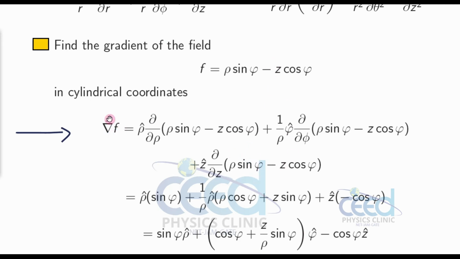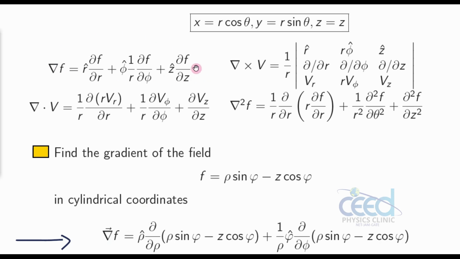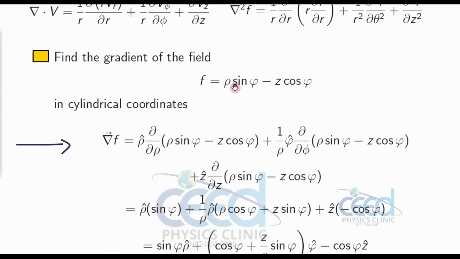So plug into the del f, the gradient in cylindrical coordinates equation. I have substituted the cylindrical coordinate equation; instead of r they have used the notation ρ. In the question they have given ρ instead of r.